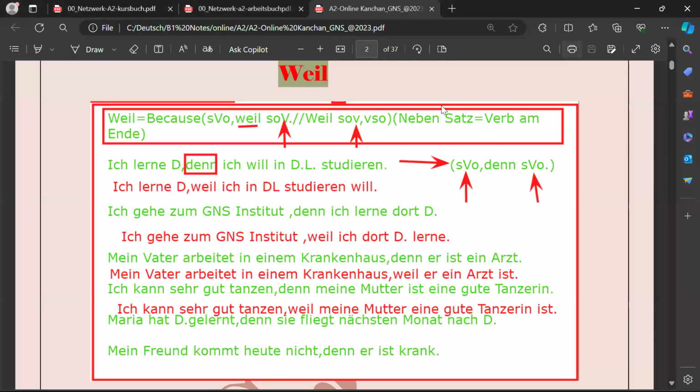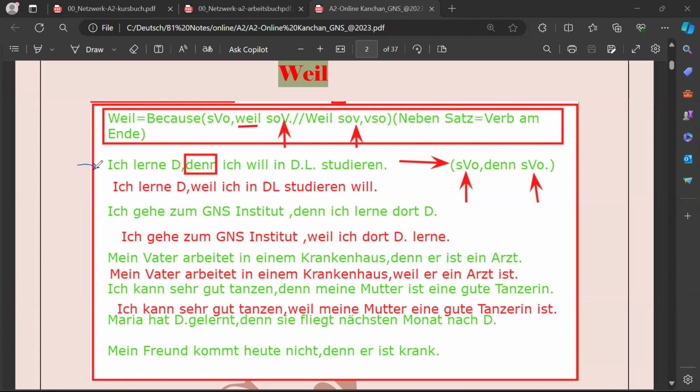In the last chapter of A1, we have done a connector, and that was denn. The meaning of denn was because. I want to highlight the sentences using that connector denn.